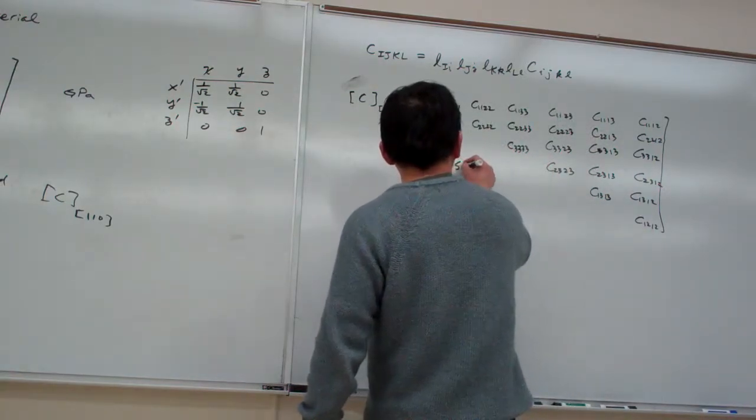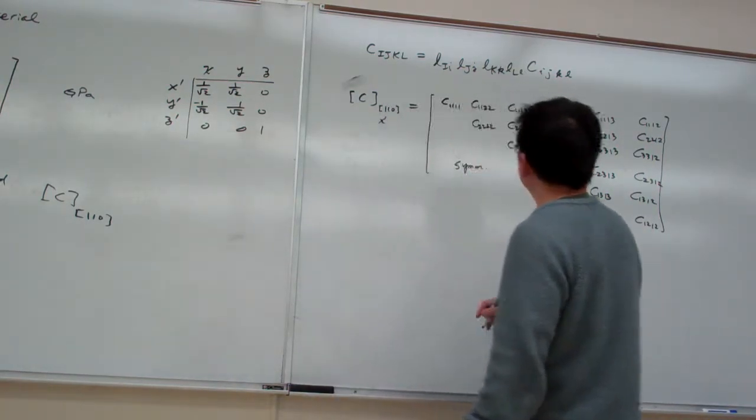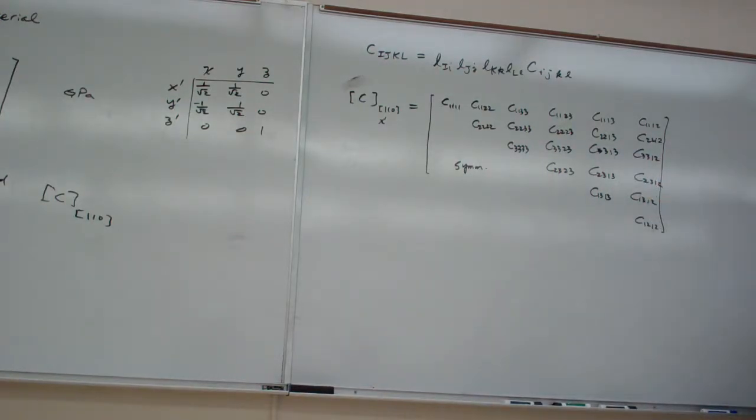Because this is symmetric, basically we only need to find out 21 of them. Okay. And probably you know for orthotropic materials, at most 9 will be independent. So many of the elements will be 0.